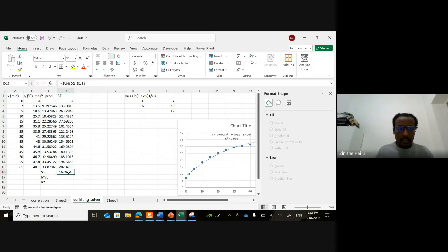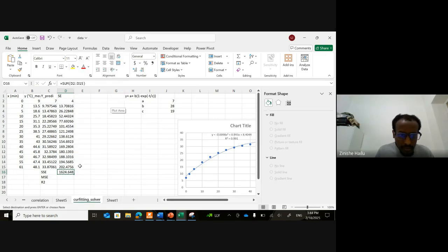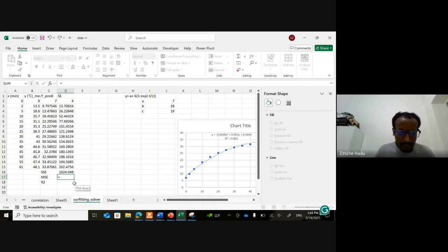Look, this is now the objective parameter. We have to minimize this sum square error value. We have to minimize this one. For the average, we can compute the mean of this.